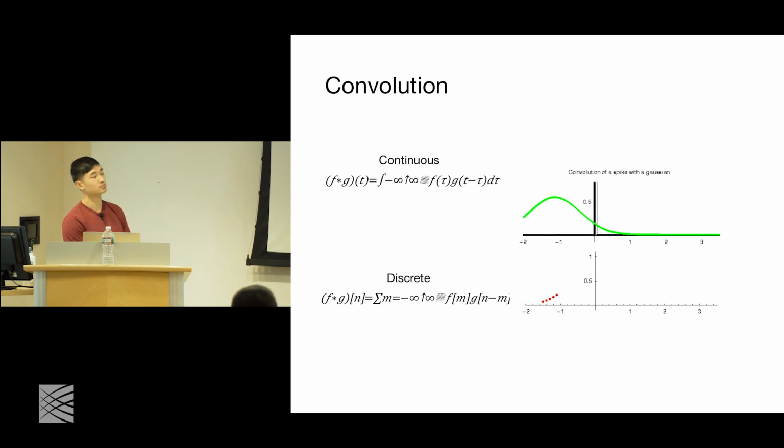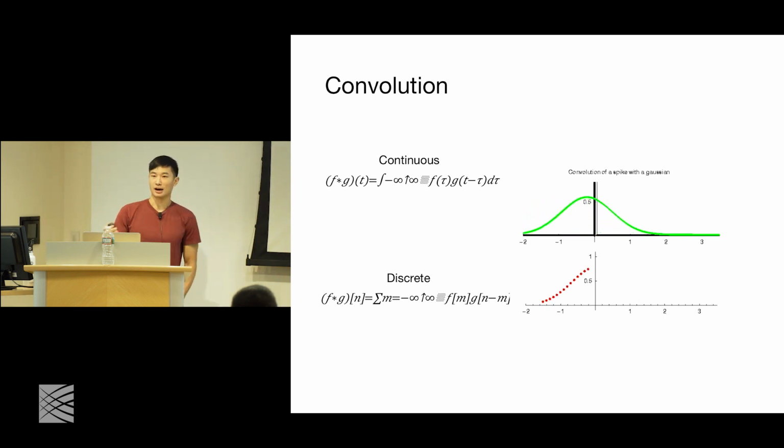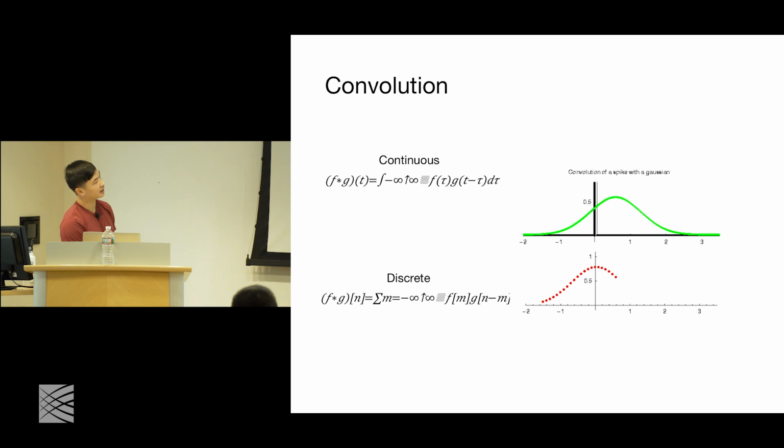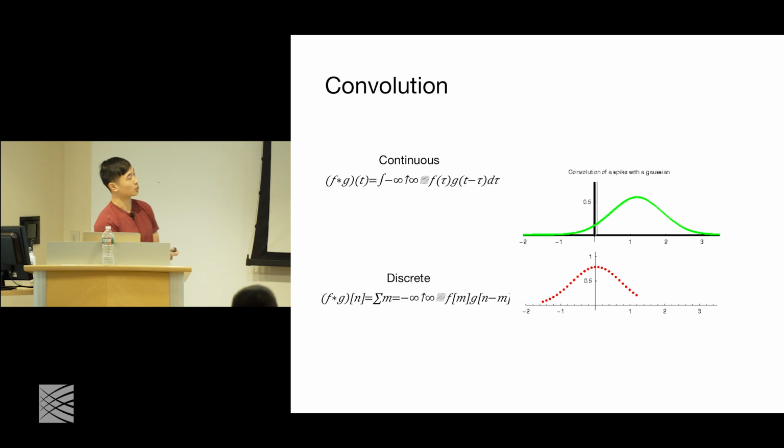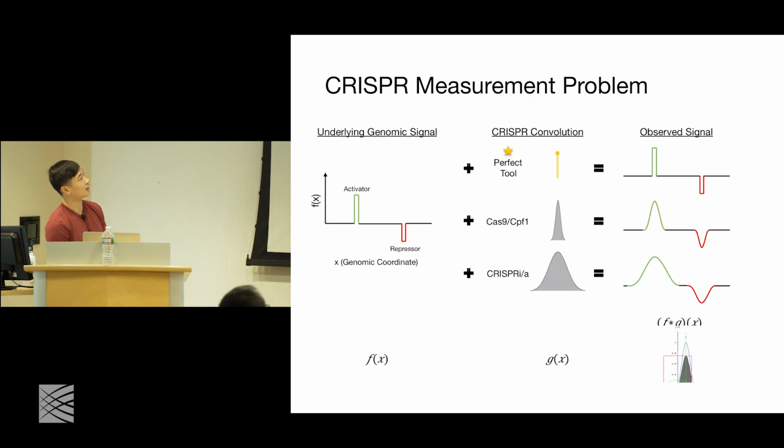The convolution is a pretty broad operation that can be leveraged for many things, but in our particular case, f is our underlying function, and g is our convolver that is represented by our CRISPR perturbation profiles. So this brings us to the idea of a CRISPR measurement problem.